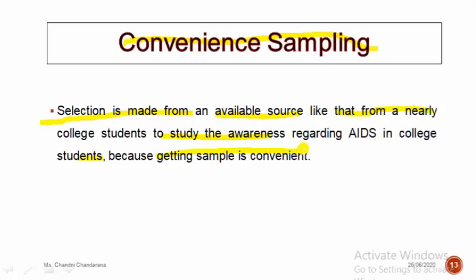Means if we want to make the students aware about AIDS, the sample can be selected from the college, because this population is more convenient, and we can make this college population aware about AIDS. That's why this is known as convenience sampling.